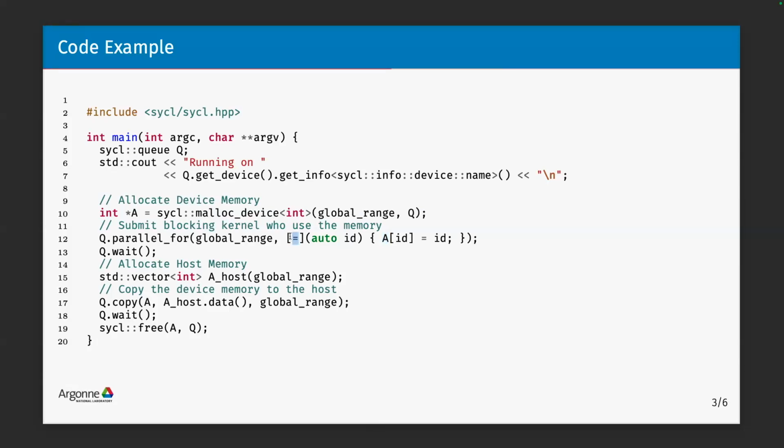This little thing means I want to capture everything from the outside by value. So I copy the value of A directly into my lambda. You can also capture by reference, but it will not work by reference, because this pointer is only valid on the device and you need to copy the real pointer. You don't want to do any translation, so you need to capture by value.